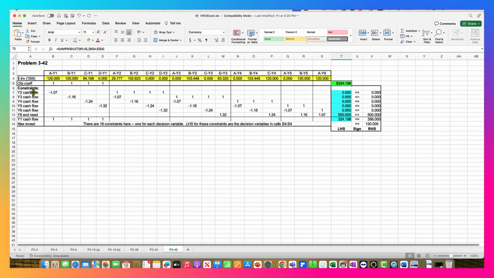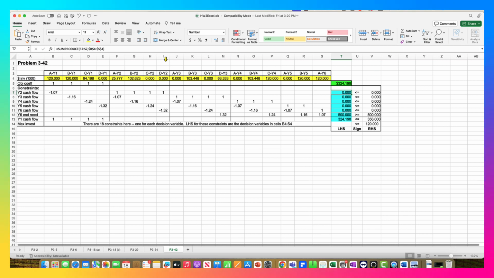Over here, you put the cash flow balance for all 6 years. So year 1 over here is the initial investment, which should be less than or equal to the total available. Again, in Excel, you will have a left-hand side and a right-hand side. The right-hand side has to be all constants, and the left-hand side typically is the sum product of the constraint.